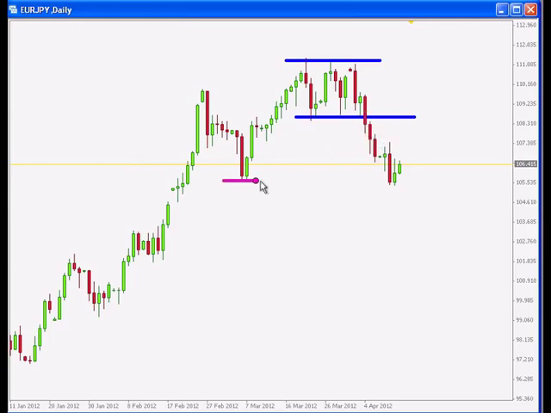Apart from that, it seems like price is now finding support at this level. I'm going to mark it, even though this is not really a swing point, it's too near to current market price, so we can't just yet establish that price is going to indeed find support at that level.